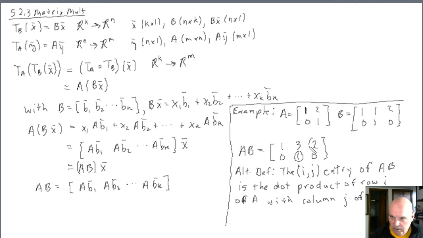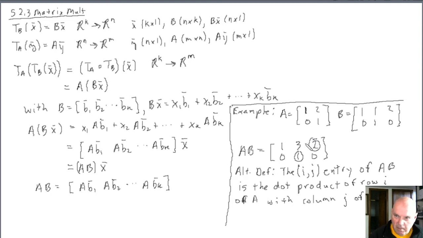Similarly, for the 1, 3 element, I would take the first row of A times the third column, 1 times 2 plus 0 to get that. So it allows you to compute the elements of the product matrix individually instead of computing the product matrix as columns.